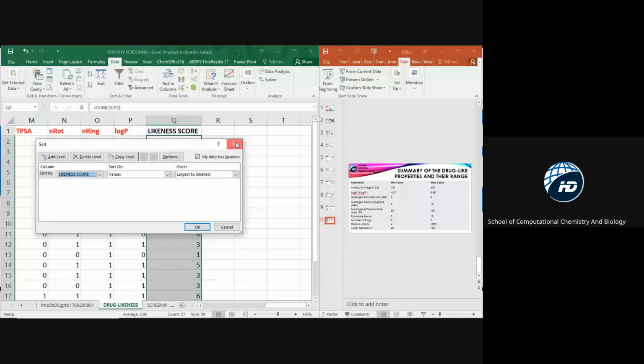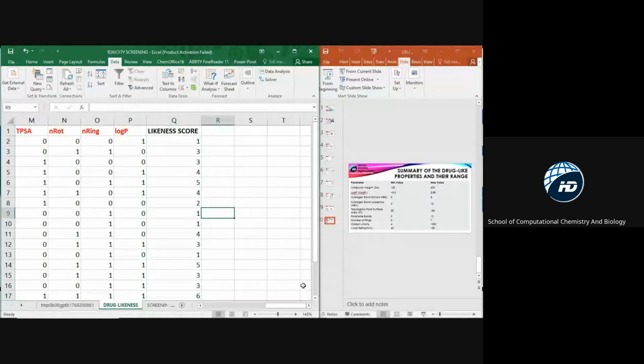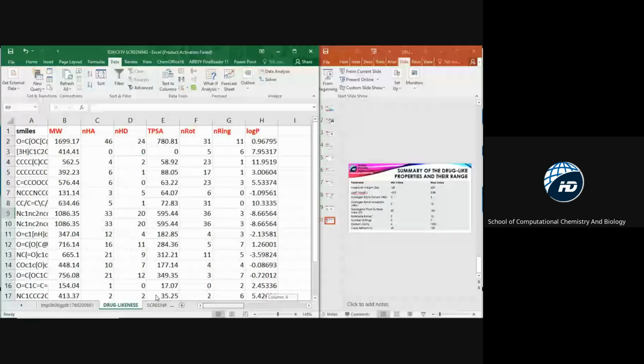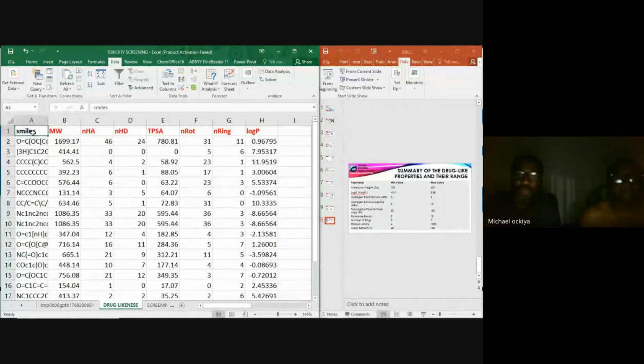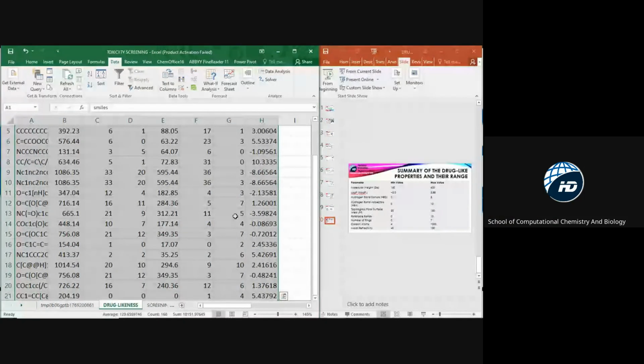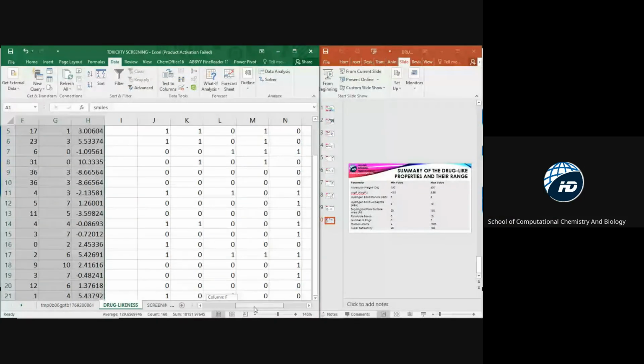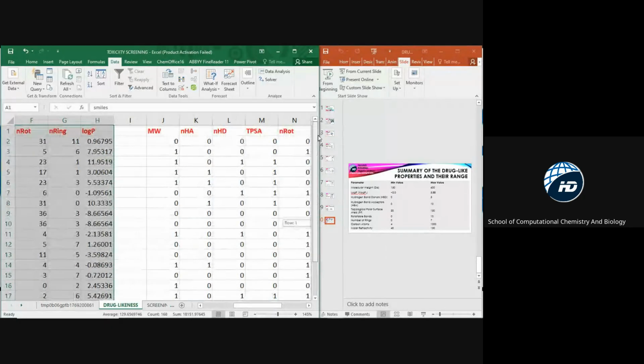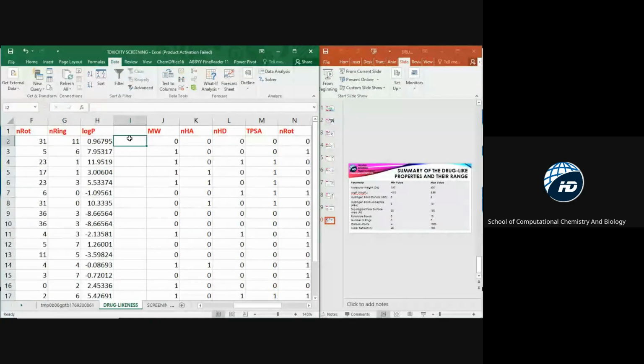I want to highlight everything, so it will just sort everything. I think I know the reason. I think it's due to the space I left here.